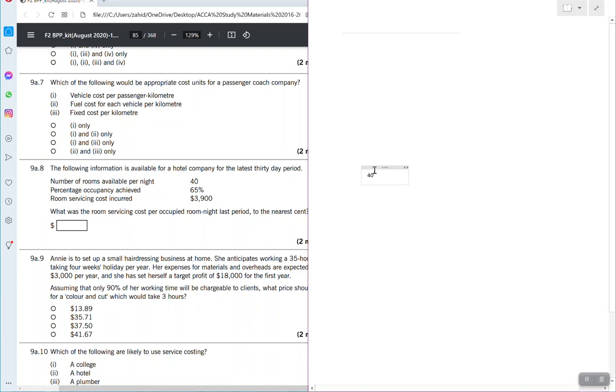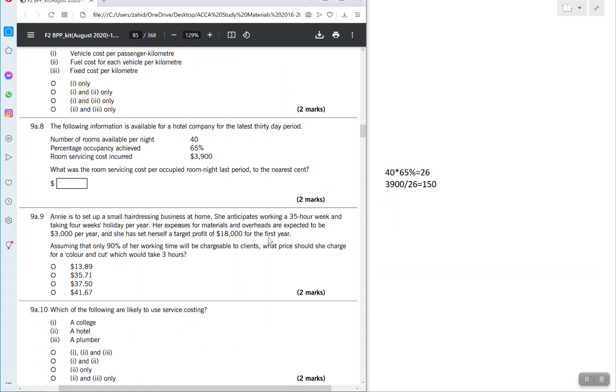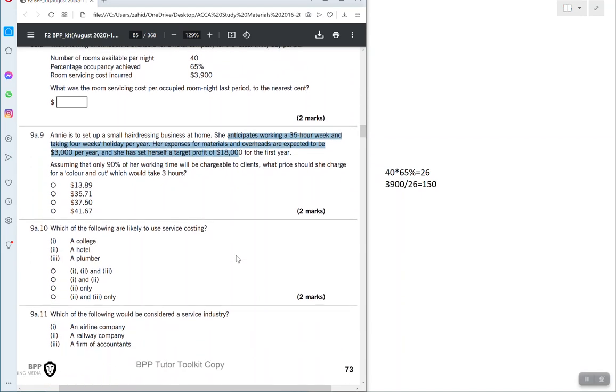There are 40 rooms, but occupancy is 65%. It means 26 occupied. 3,900 divided by occupied rooms becomes 150 per room per night. We did this one as well.